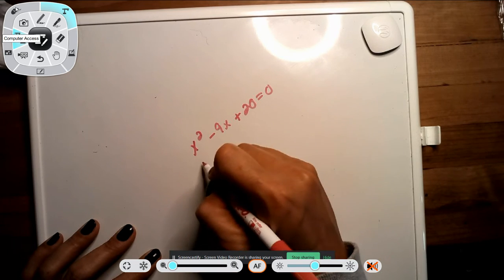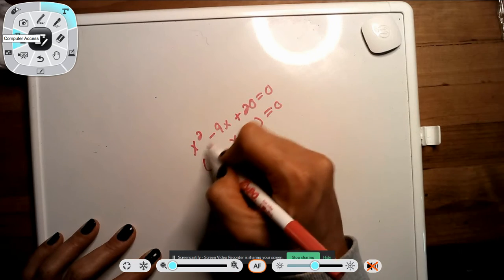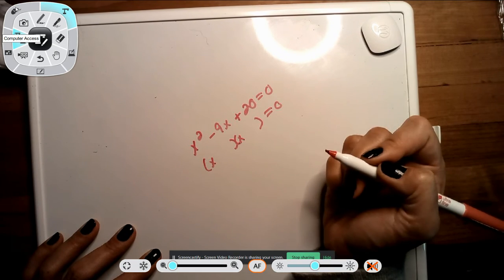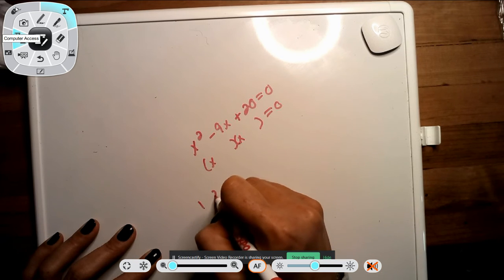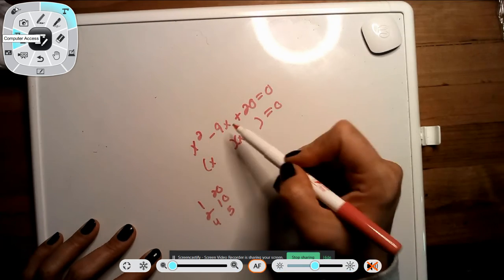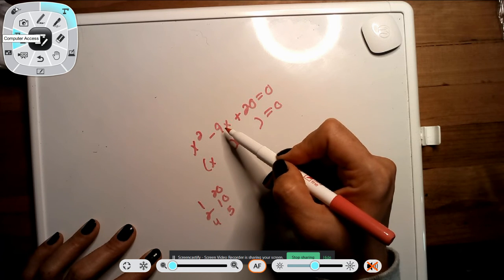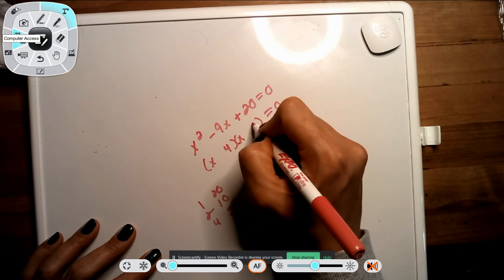I have no GCF, so I go right to my 2 sets of parentheses. I separate my x's, 1x there, 1x there. I think about my factors of 20: 1 and 20, 2 and 10, 4 and 5. I'm trying to get a 9x in the middle. Of these 3 choices, 4 and 5 are probably my best bet.